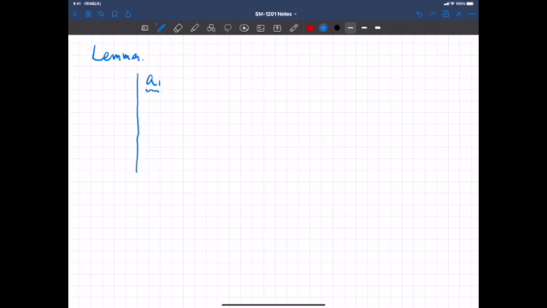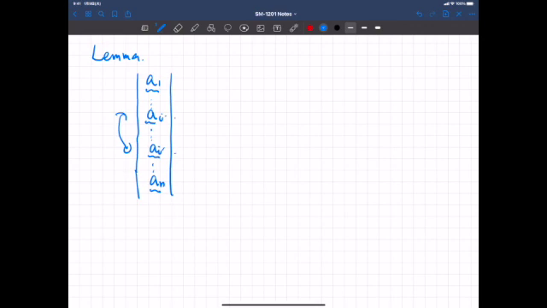So we have a_1 and so on, and a_i and a_i prime and a_n. Now we swap two rows. So a_i is moved to the position of a_i prime, and this row vector a_i prime is moved to the position of a_i.